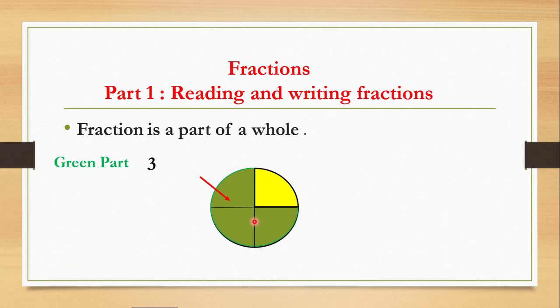The green part is 3 over 4. So the fraction is a part of a whole. The whole circle has 4 parts. The green part is 3 out of 4 parts, or 3/4. Also we can read it as 3/4.